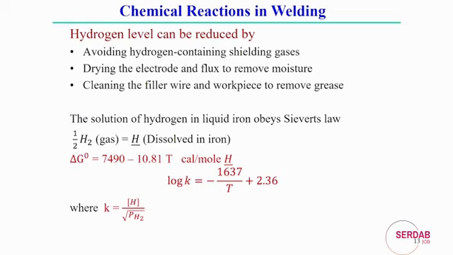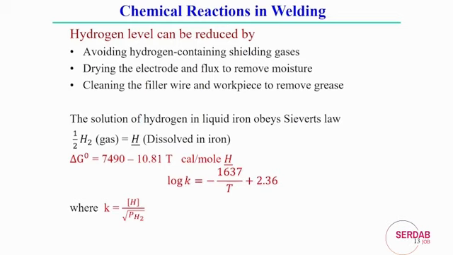Next, moisture may contain hydrogen, so moisture in the electrode is also a source of hydrogen. Before using it, we can dry the electrode and the flux to remove the moisture. In that way we can remove the hydrogen from that type of source during the welding process.